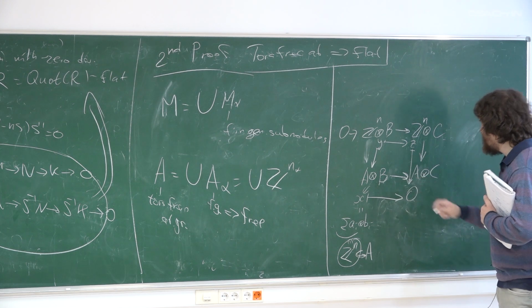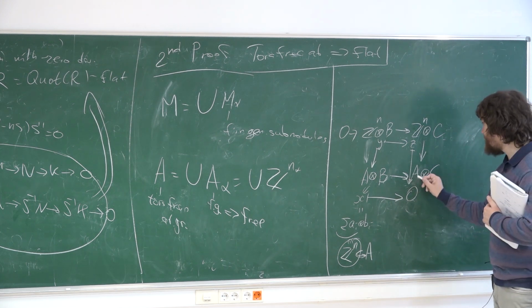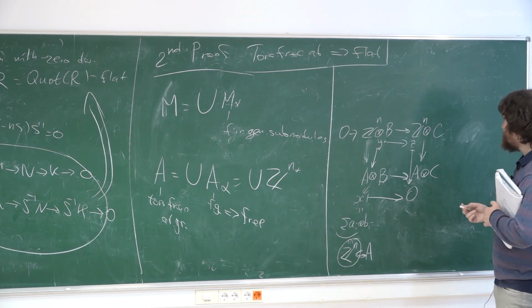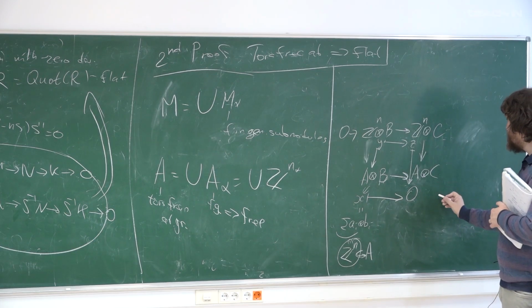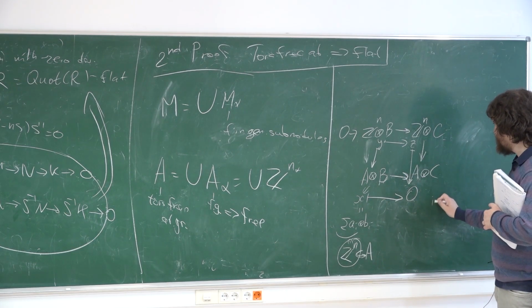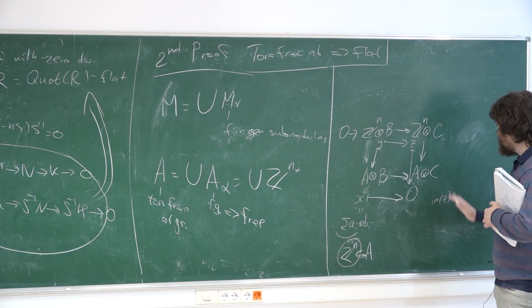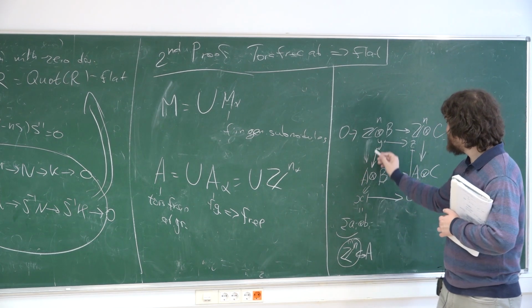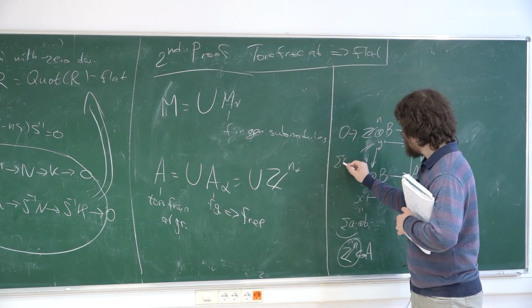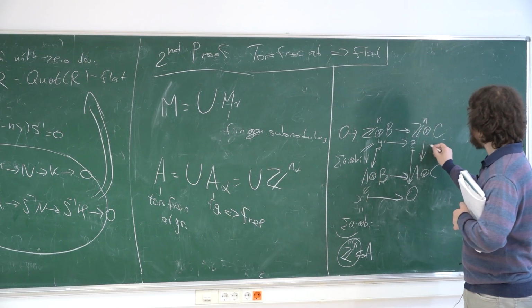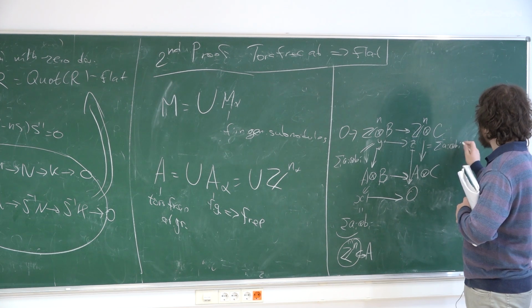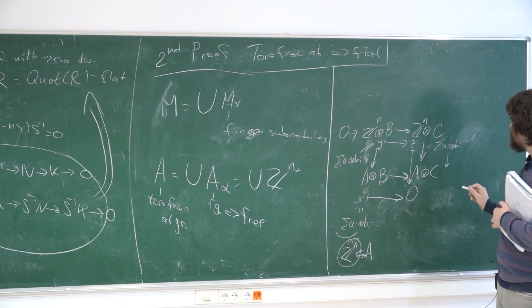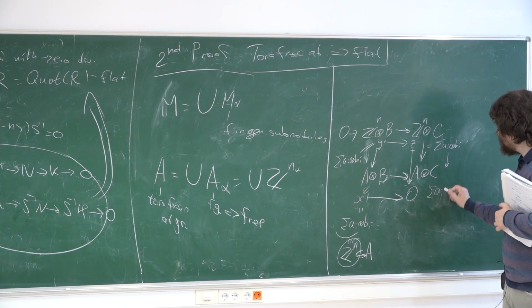What does it mean that z goes to 0? What does it mean that something is 0 in a tensor product? This means the image of z, which is the sum of a_i tensor b_i, where I consider b_i from C and a_i from Z^n, is 0.